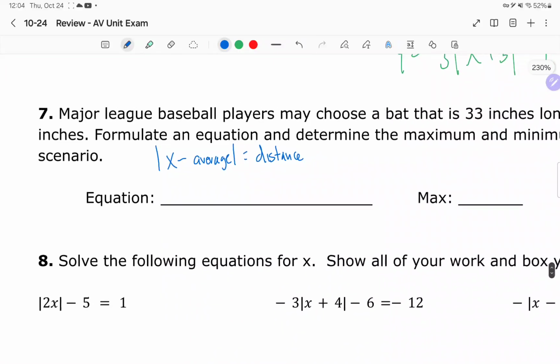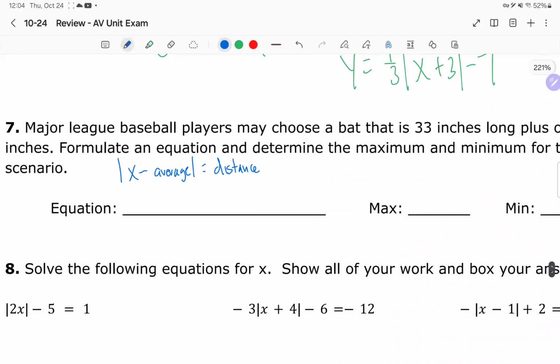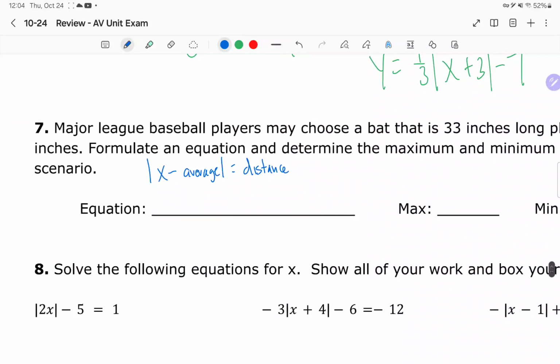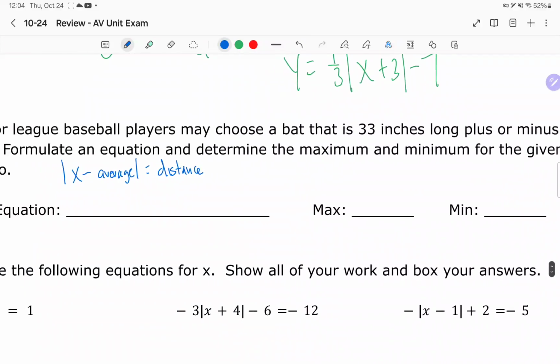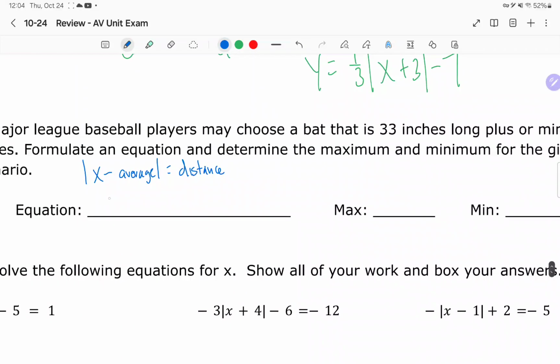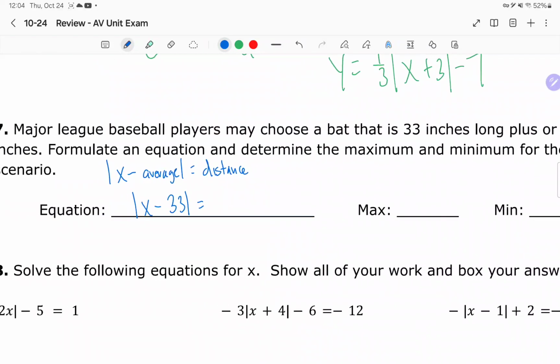So the equation is the absolute value of x minus, so the average is 33 inches, equals the distance, which is plus or minus 1.75.